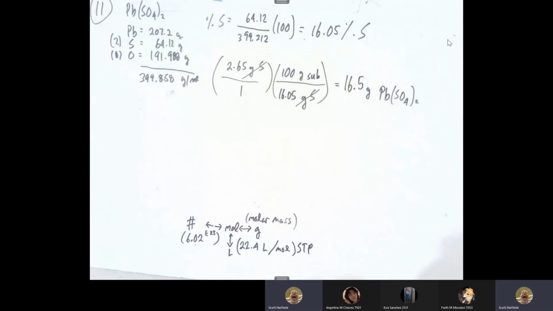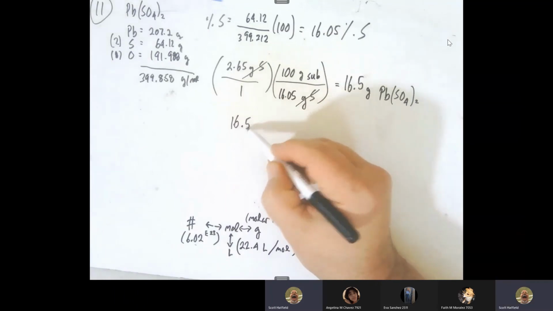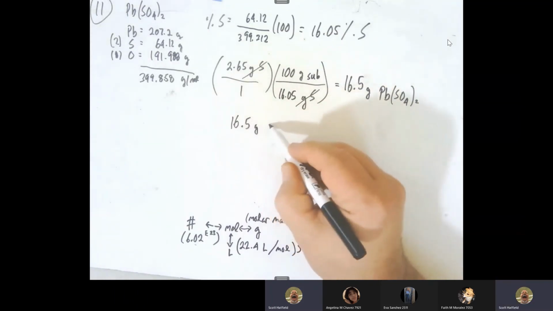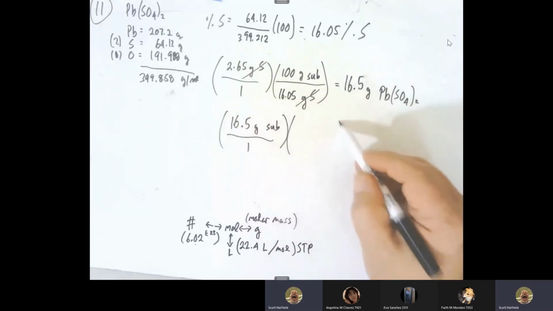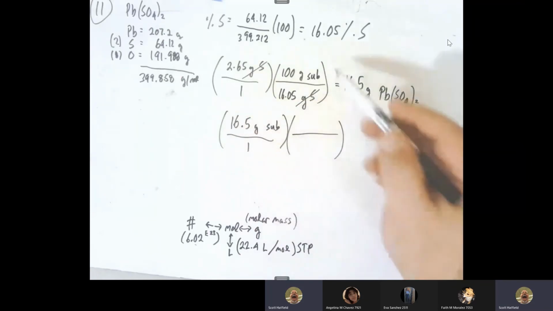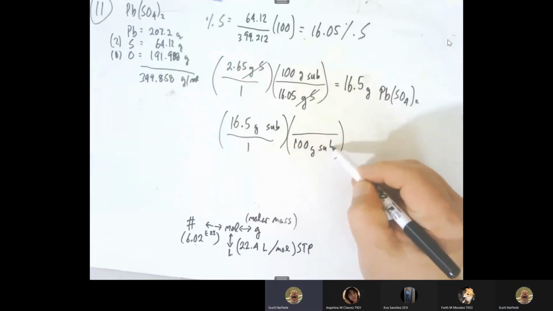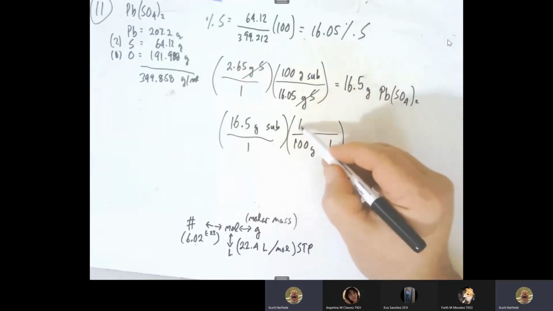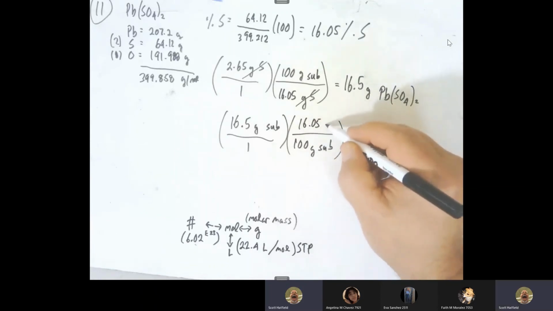Now, if this looked weird to you, you could check it. You could say to yourself, well, 16.5 grams of the substance, and you could just take this conversion factor and flip it. For every 100 grams of substance, you've got 16.05 grams of sulfur.